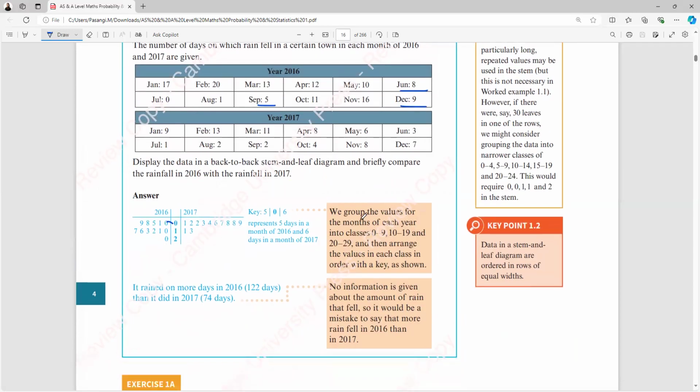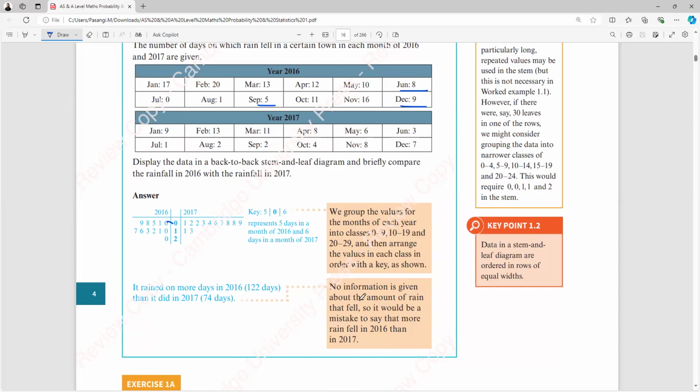Okay, so here we group. That means actually now what will happen? We group the values for the months of each year into classes. We are grouping here from 0 to 9 into one class, 10 to 19 into one class, and 20 to 29 into one class, and then arrange the values in each class in order with the key as shown.